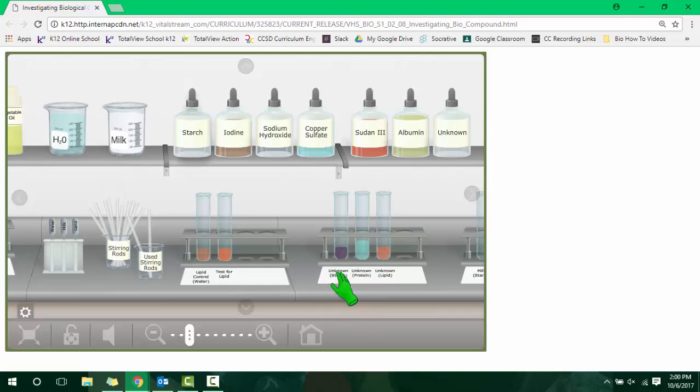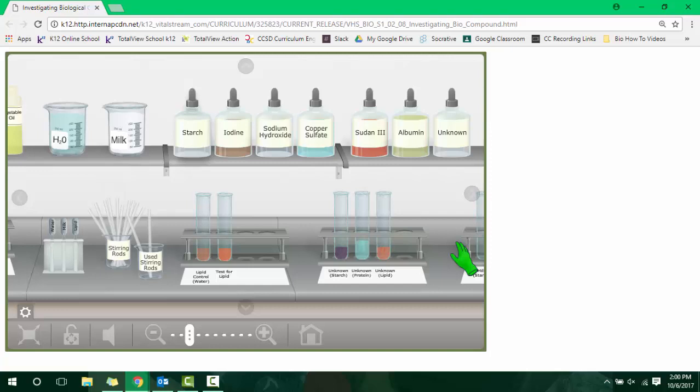Okay. So make sure you record your observations right now into the data table under phase 4 for what you see in each of these test tubes. Okay? Then what you're going to need to do is work on your CER, numbers 6, 7, and 8. It says write a claim sentence or statement about the contents of the unknown solution.